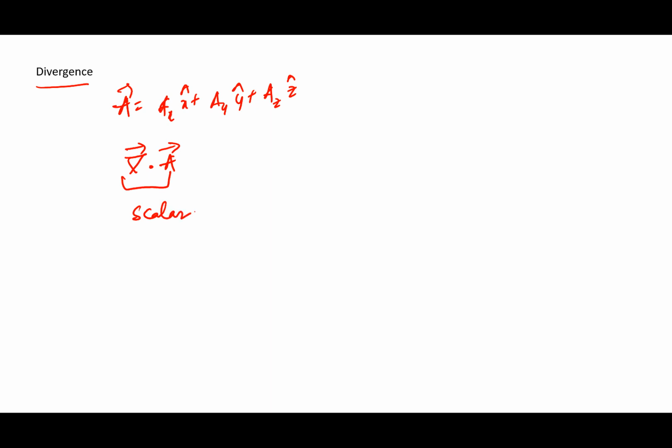It's called the divergence. So we have looked at the dot product. Now if I have a vector A, let's say that is A_x x-hat, A_y y-hat, and A_z z-hat, I'm going to find the divergence by taking a dot product between the del operator and the vector A. As you can see, the answer of this dot product should be a scalar, a number.